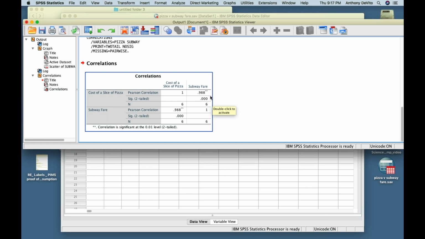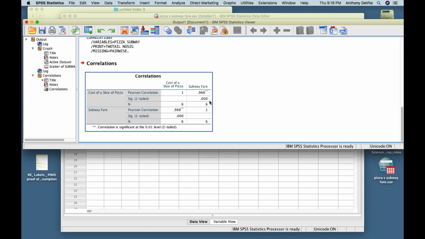Let's imagine what might be a functional null and alternative hypothesis for Pearson's R or Pearson's correlation. I'm thinking our best bet would be that the null hypothesis is that there's no association between the two of these, and the alternative hypothesis is that there is an association between the two of these.